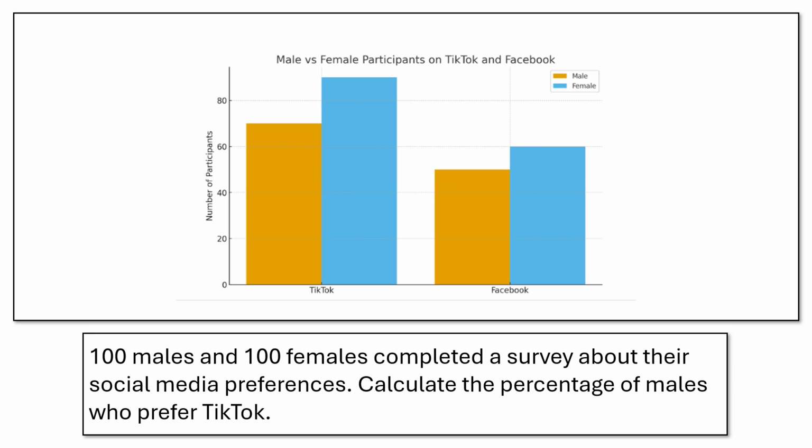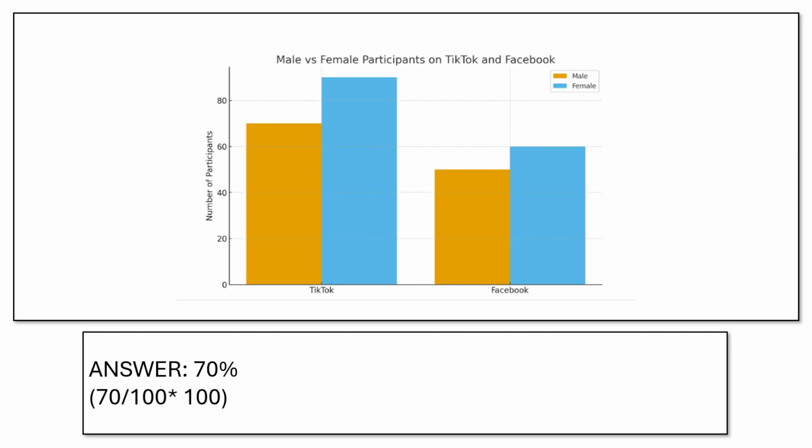So our answer we should have is 70%. Okay, so our workings would be 70 divided by 100 times 100.